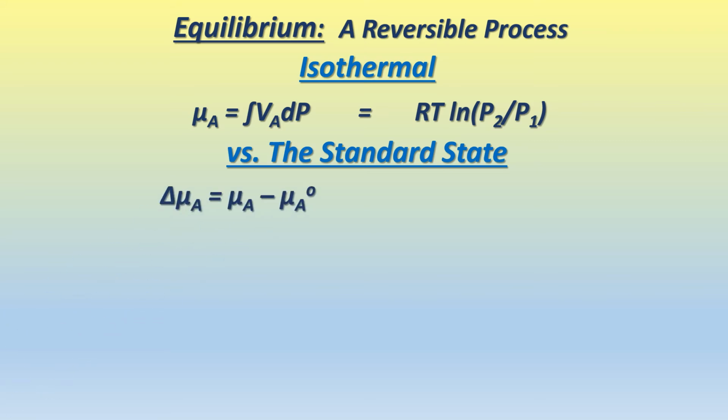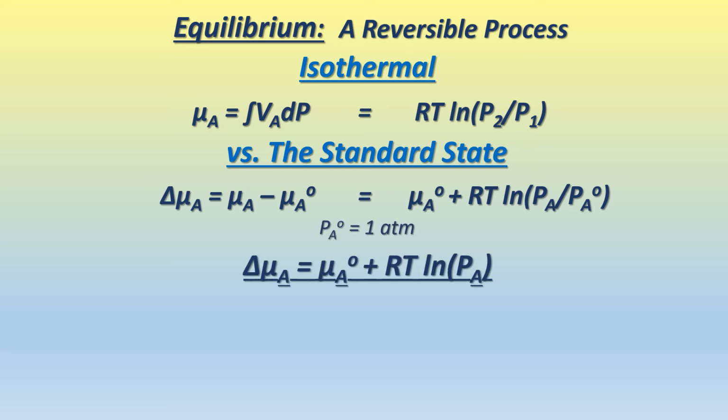Compared to the standard state, getting A to the state it's in from the standard state, delta mu of A, is going to be mu 0 of A plus RT log P of A over P0 of A. Since by definition the standard state is 1 atmosphere, you get that mu is equal to the standard chemical potential plus RT log of P.